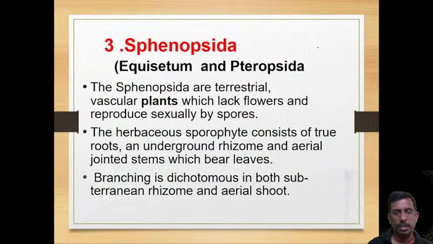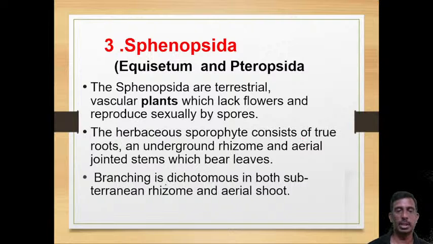Next class is Pteropsida. Examples are Equisetum and Pteridium. This is Sphenopsida. Here you can see a differentiated plant body, the sporophyte. It consists of root, stem, and leaf.